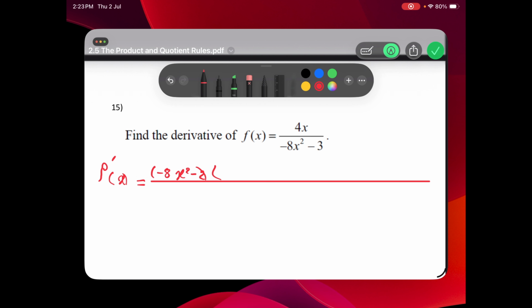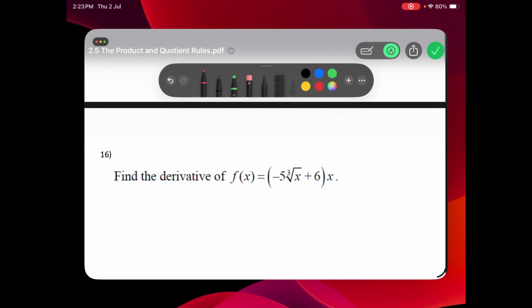I will differentiate the top, which is 4, minus, keep the top as it is, 4x, differentiate the bottom, minus 8, sorry, it will be minus 16x, that's it. No simplification, nothing. And here the denominator squared, same denominator, minus 8x squared minus 3. As long as only the derivative is required, you don't have to simplify.